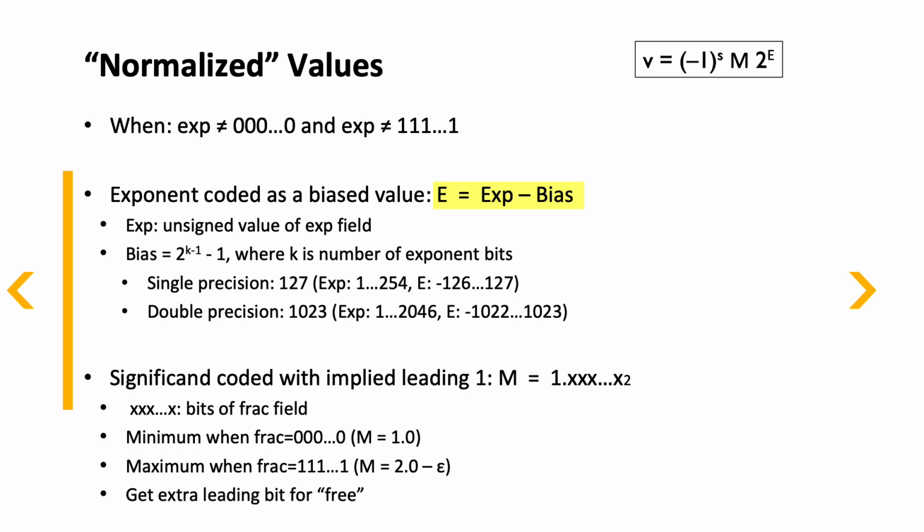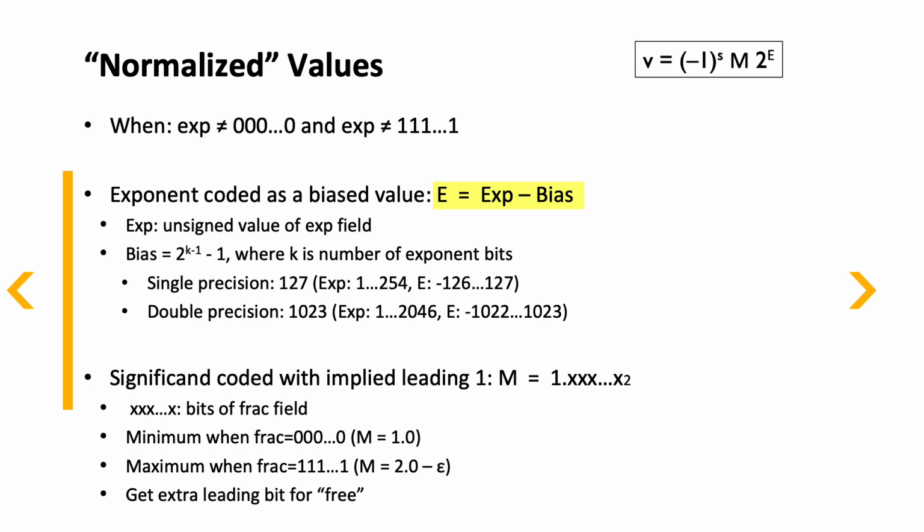So if we just take the bits that are in the EXP field and treat them like an unsigned integer, that's the value of EXP with a capital E there. And then we just subtract the bias, whatever that happens to be. This gives us a lot of the range that we need, because we want small values and we want large values. This is kind of how we do that.